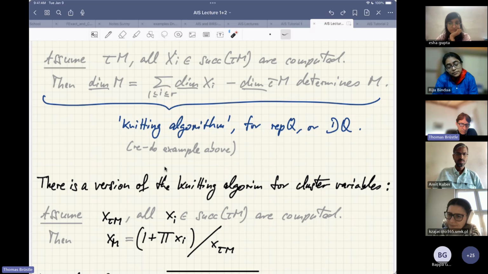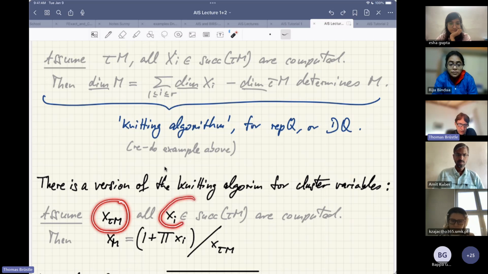Assume we know some cluster variable corresponding to an indecomposable that corresponds to a module tau m, and assume we know the cluster variables of all direct successors of this tau m, assume they are already computed. Then what is the formula for the new cluster variable xm?